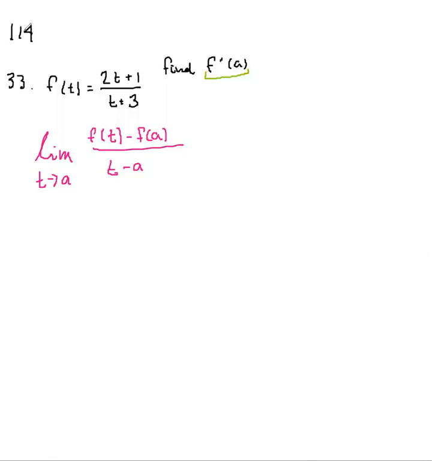Okay, if I sub in a for t and don't take a out where I am right now, problem number 1 occurs here. If this is a minus a, then I've got 0.